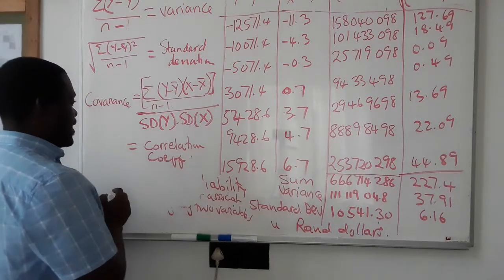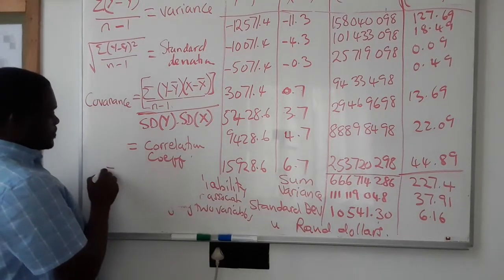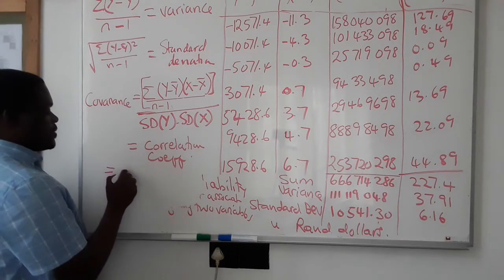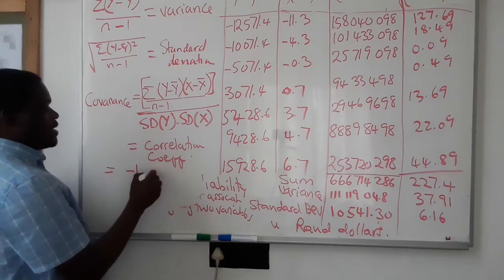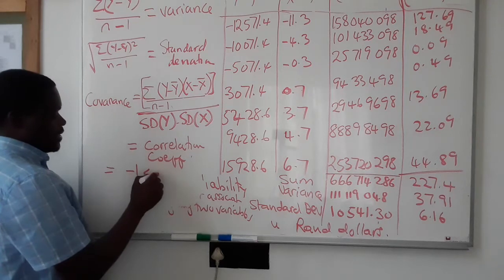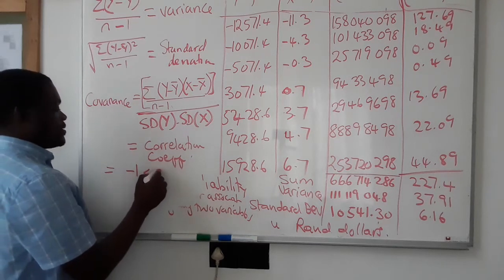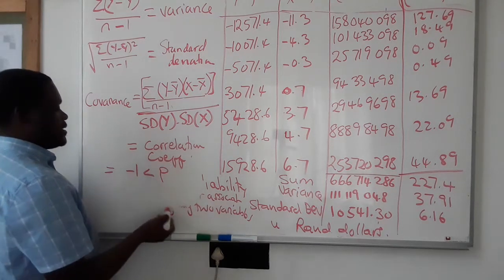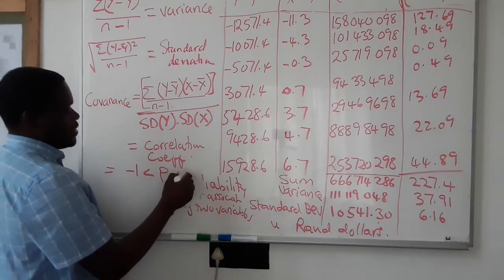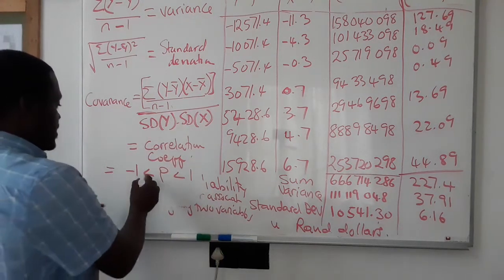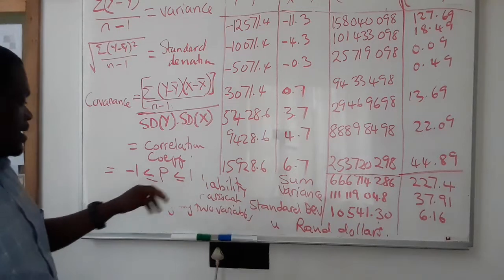And this number lies between -1 and 1. Let's give it a name, rho, with absolute value less than or equal to 1.